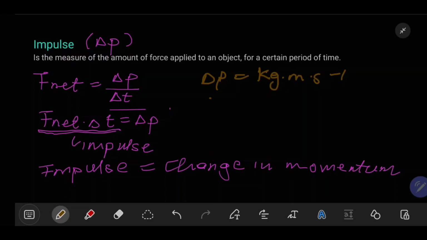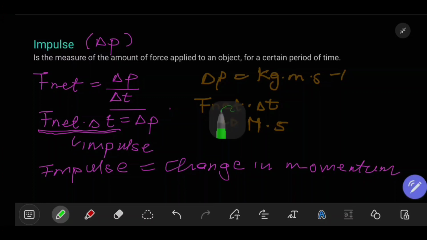Then when we have F net multiplied by change in t, we know that any force is measured in what? In newtons. And time is measured in what? In seconds. So the SI unit for impulse can be newton second or kg meter per second.